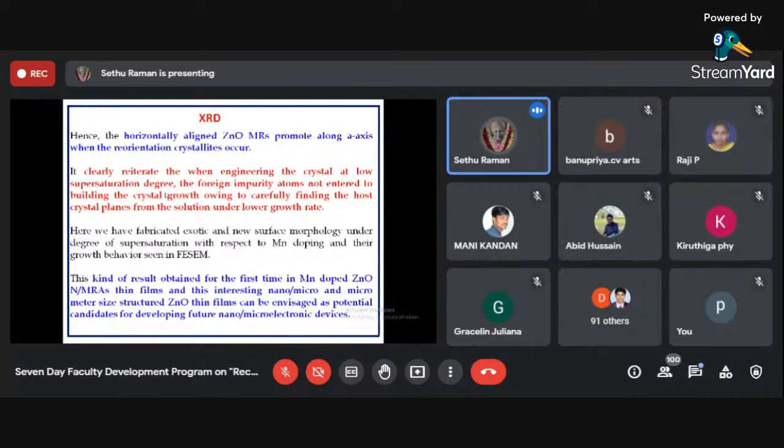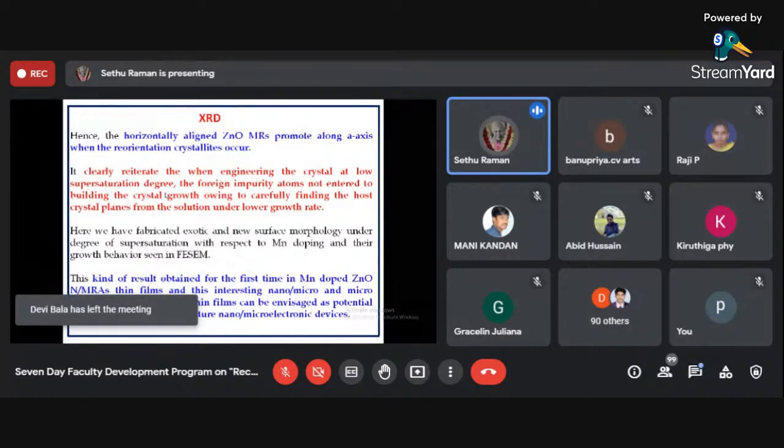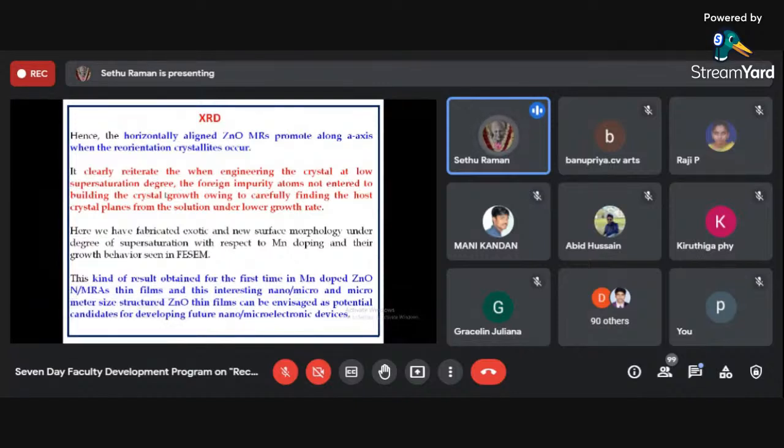Hence, horizontally aligned zinc oxide microrods form along the a-axis upon reorientation of the crystallites. It is clearly understood that when growing the crystal at low supersaturation, foreign impurity atoms do not enter into the crystal growth, which proceeds by the solution supplying the crystal plane under a low growth rate.